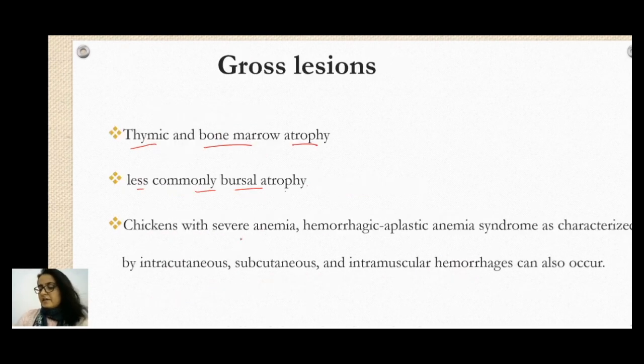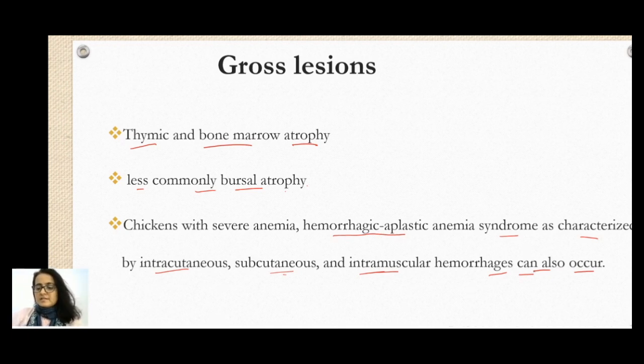Chickens with severe anemia can develop hemorrhagic aplastic anemia syndrome, characterized by intracutaneous, subcutaneous, or intramuscular hemorrhages. Sometimes, not always, these hemorrhages are present.